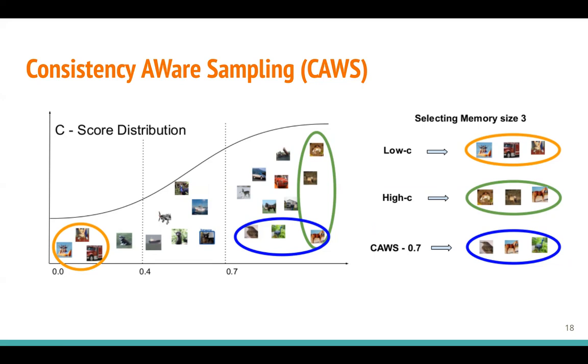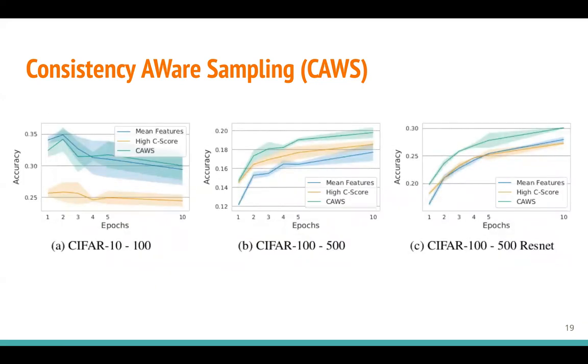The idea of this is that we want to remove the possibility of outliers, because we know that low consistency elements are going to behave very poorly. And this indeed happens in different situations and scenarios. For example, CIFAR-10, CIFAR-100, and CIFAR-100 we used in a ResNet. We see that CAWS improves the results or has very similar results to mean features, in the case when mean features have better results than high consistency.